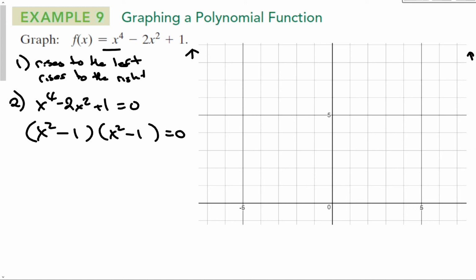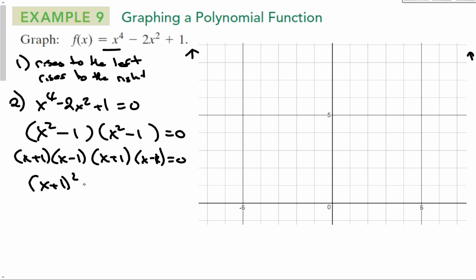Those continue to factor to (x plus 1)(x minus 1)(x plus 1)(x minus 1), which gives me (x plus 1) squared times (x minus 1) squared, which means that x is going to equal negative 1 and x is going to equal positive 1, both with a multiplicity of 2.